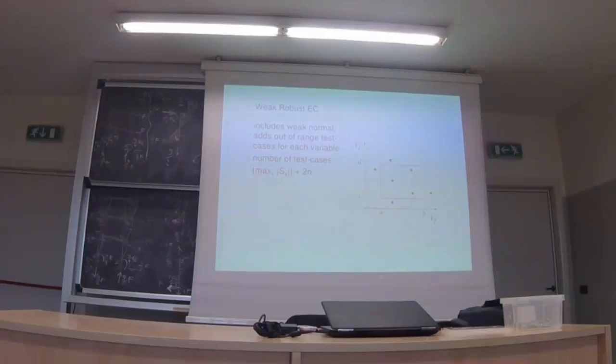Then, an oxymoron, a weak robust coverage. Weak because it adds out-of-range test cases. So for each of the possible intervals, we do not just take values that are inside our range, but also values that are outside our range to be more robust. So we have to add 2 times n values.